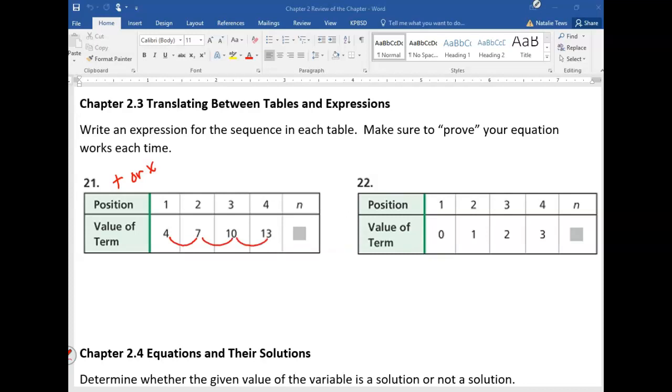Okay, I have to find out what happened from here to here. 4 plus what equals 7? 3. Okay, is 7 plus 3 10? Yes. Is 10 plus 3 13? Yes. Okay, so that tells me this 3 is going to get shot to the top and times by whatever number they give me. So shoot it to the top and times it on all of them.